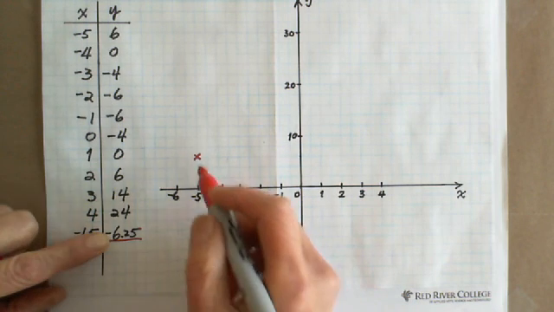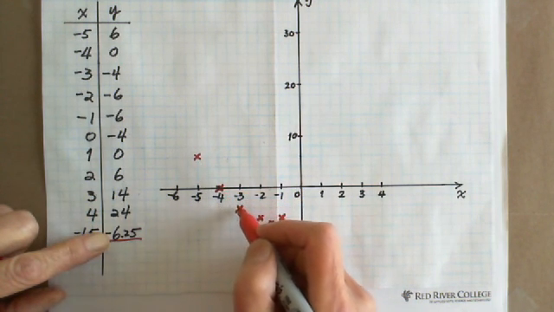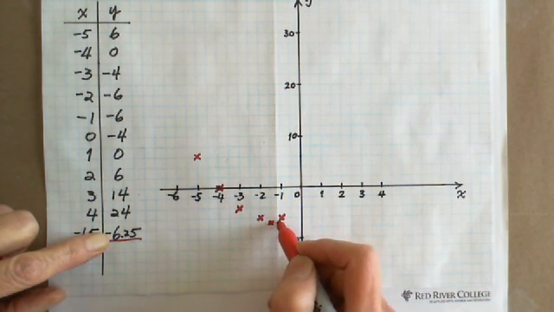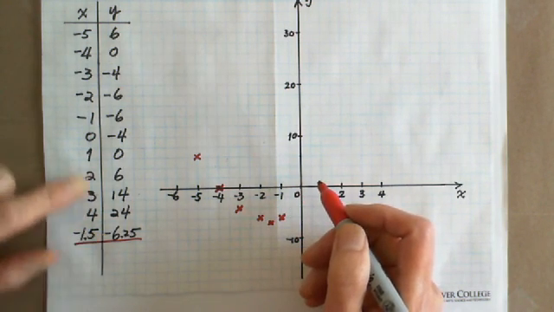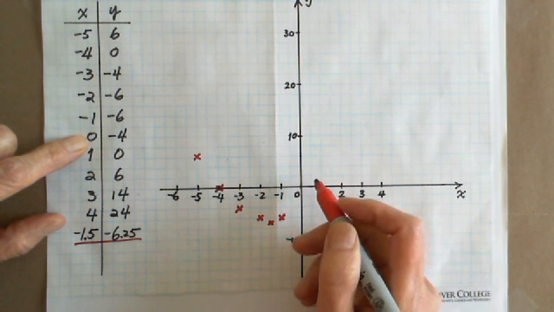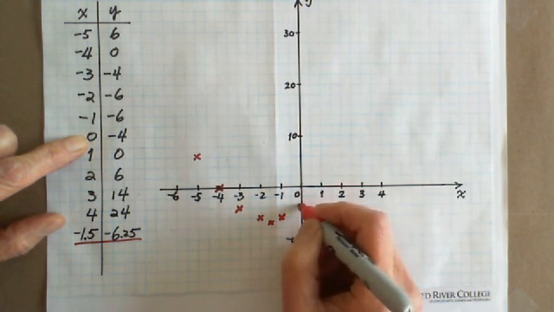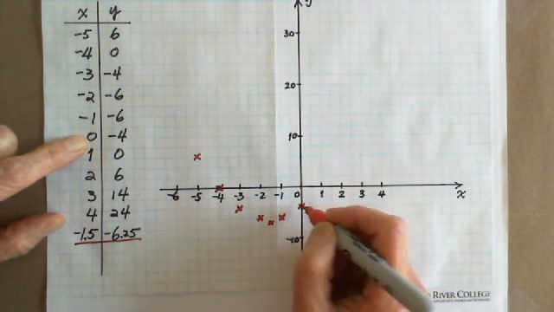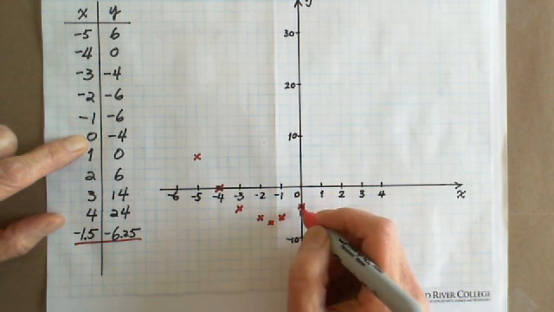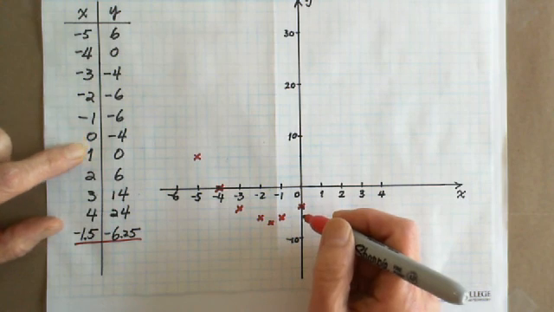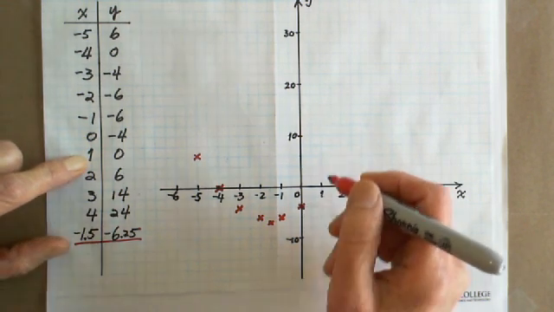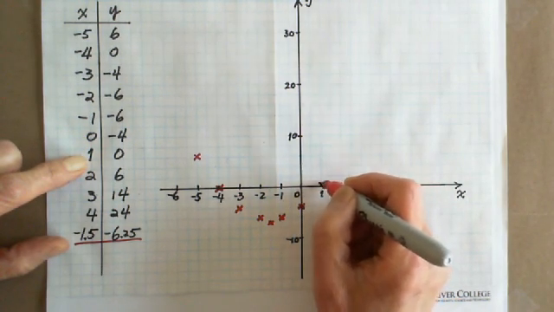See, this is decreasing down and then turning up, increasing. And then we go to 0, which is negative 4, this point on the y-axis. Normally we call it the y-intercept.